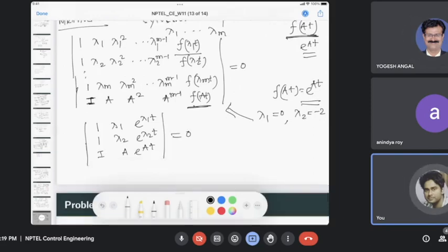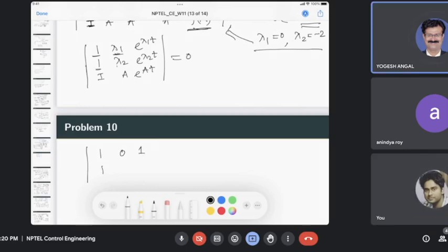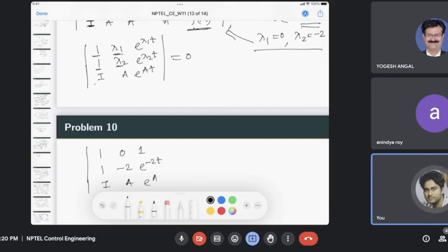Because we are given the values, we just substitute: first row is 1, 0, e to the power 0t, which is 1. Second row is 1, minus 2, e to the power minus 2t. Third is I, A, e to the power At, equal to 0.